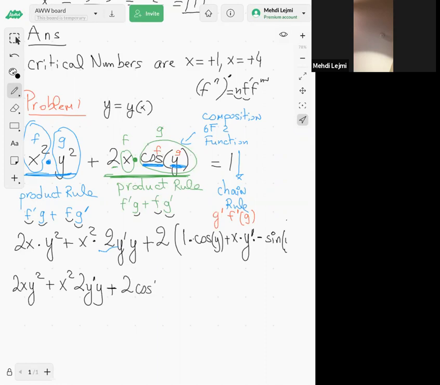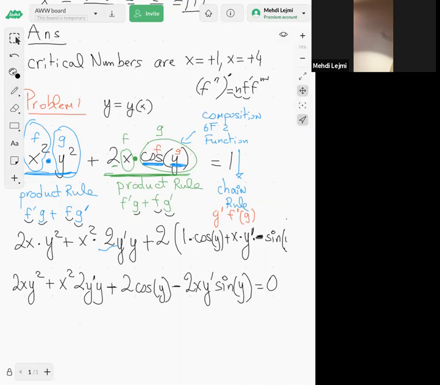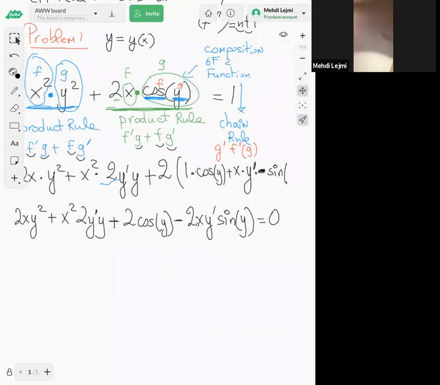And there is this minus 2x y prime sine of y equal to 0. Okay. So now, of course, I have to solve for y prime.